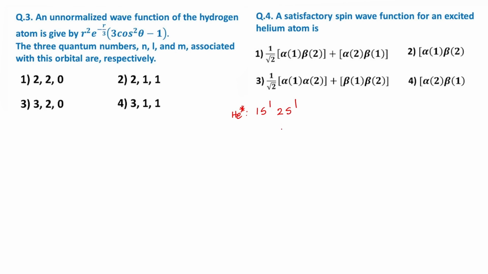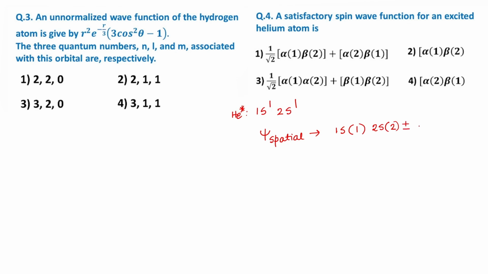So how does the spatial wave function look? The first electron could be in 1s and the second electron could be in 2s, but as they are indistinguishable we can't really say.